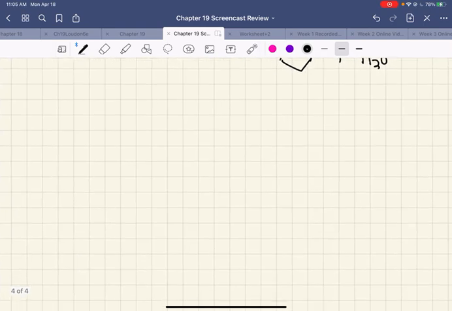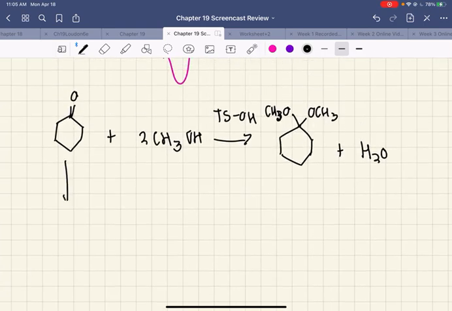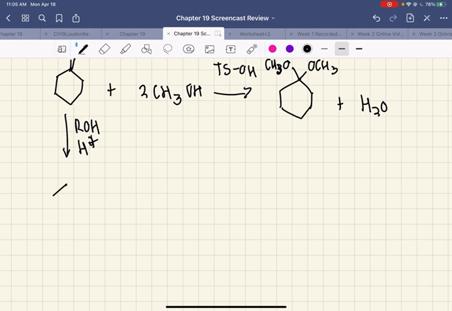We can use this example again, and ROH and H plus will be the reactants. This will yield this hemiacetal.